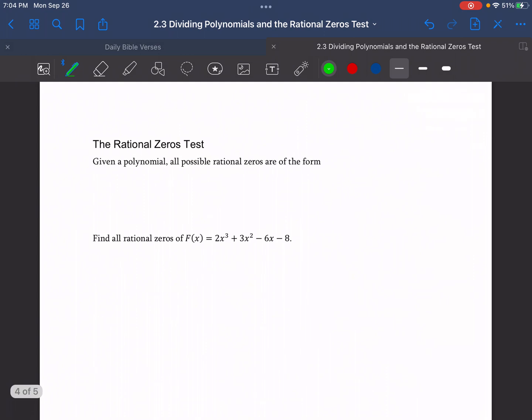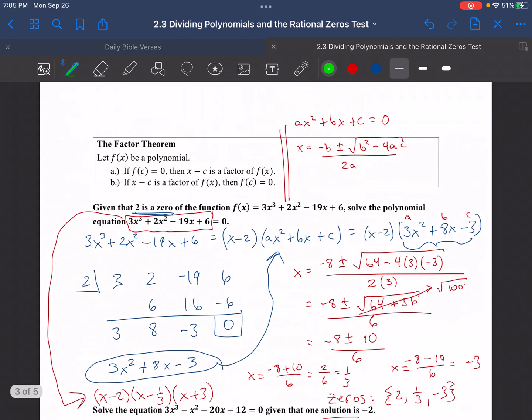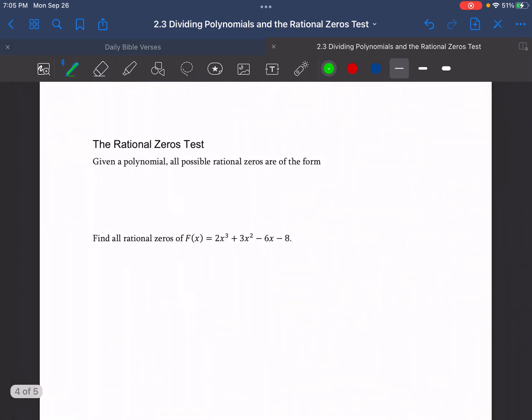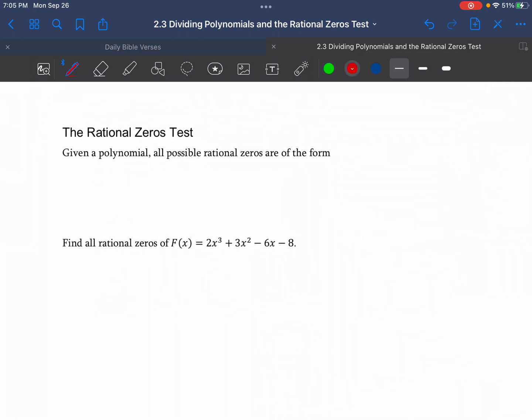On the next page, we have the rational zeros test, and this can be kind of helpful if you're not given that first zero. Like on this page, they told us the solution is negative 2. They told us the first one. But what happens if you come across one of these and they don't tell you what one of them is? At that point, you have to start doing a little bit of guessing and checking, but we can narrow down the guessing and checking by taking a look at this.